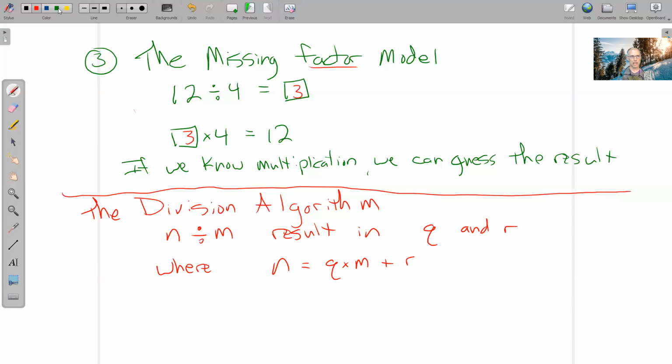And breaking this down a little bit more, some conditions: r has to be greater than or equal to 0, but less than m. Okay, so r is my remainder. q is my quotient.